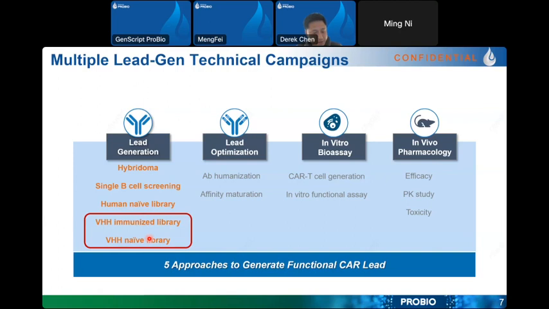Typically, antibody from immunized animals tends to have a better affinity, but also the risk of immune tolerance. And it also takes longer time for the whole process. Alternatively, naive library is much faster, but at the cost of a potential low affinity.